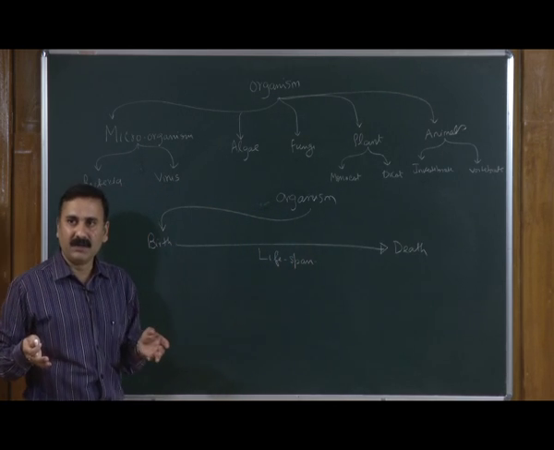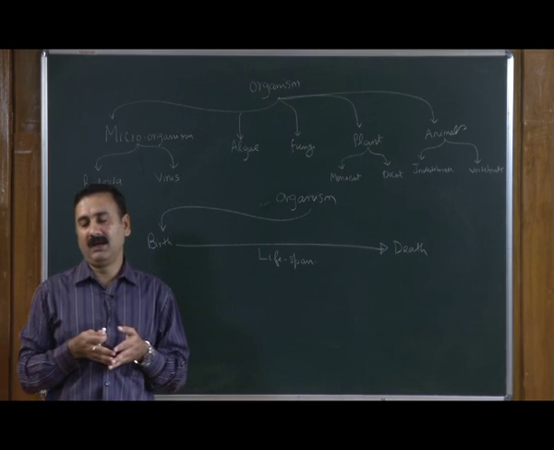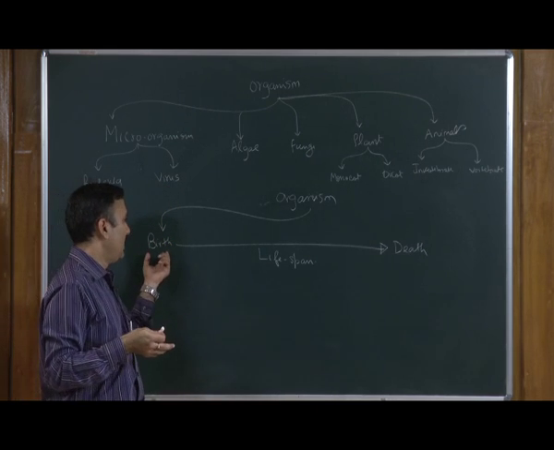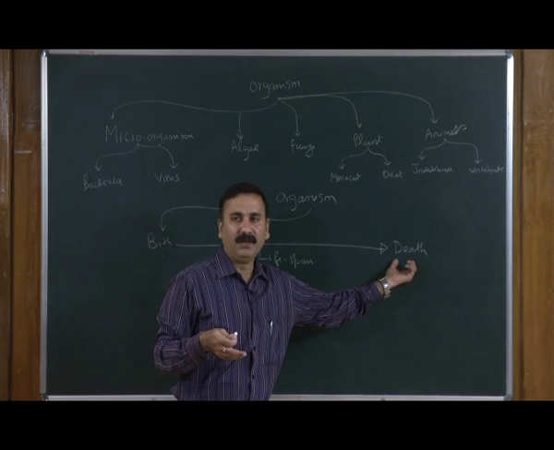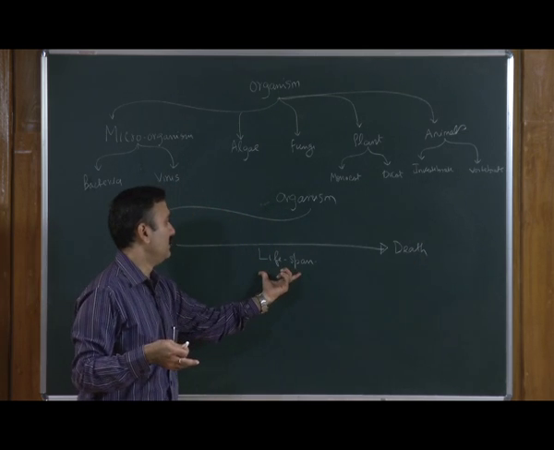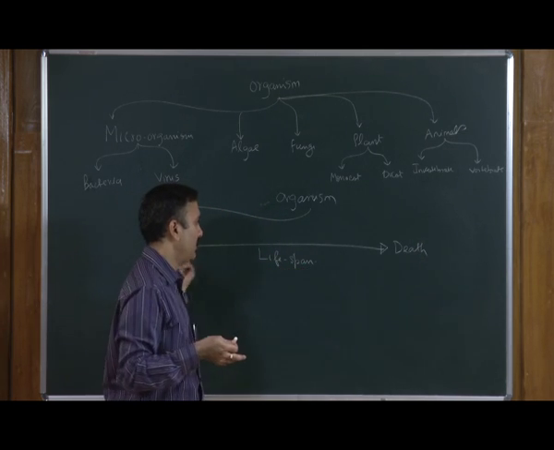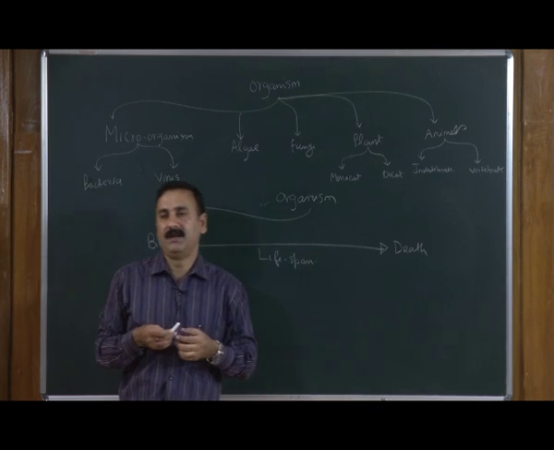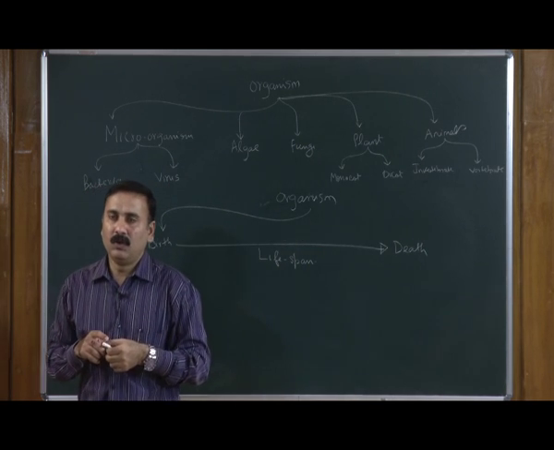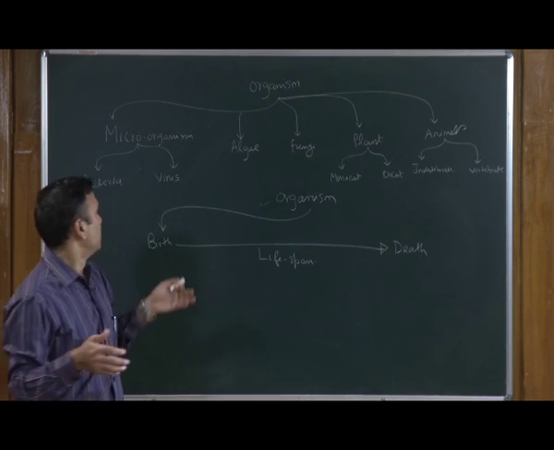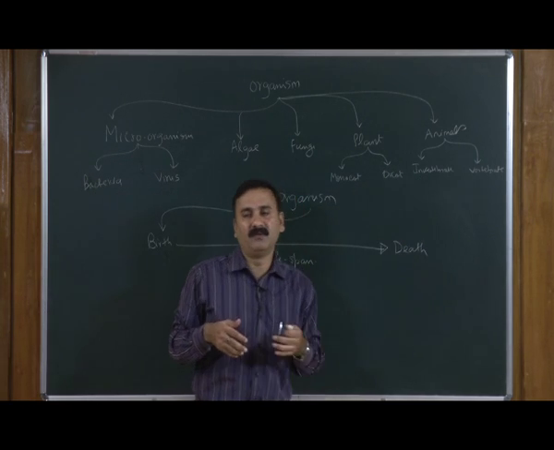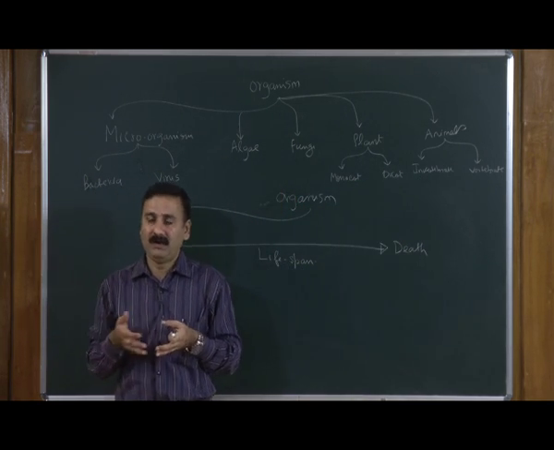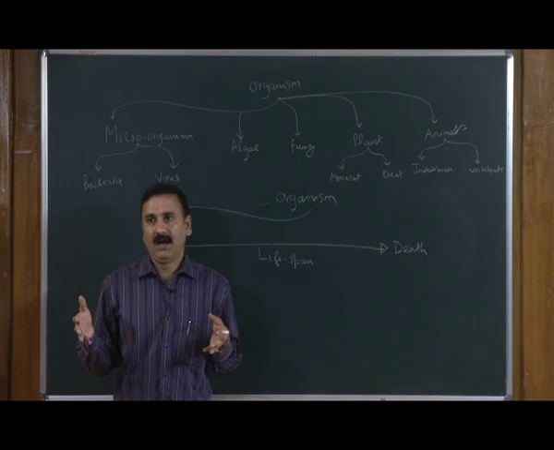A particular organism will pursue its life cycle from when it takes birth until it goes to the death phase, and this period from birth to death is known as the lifespan.